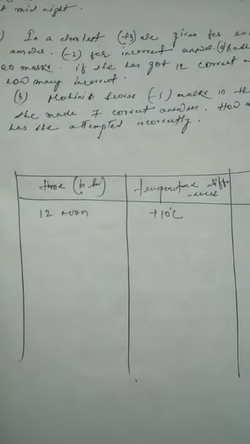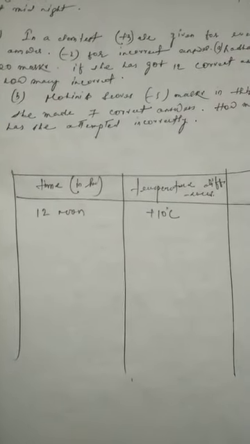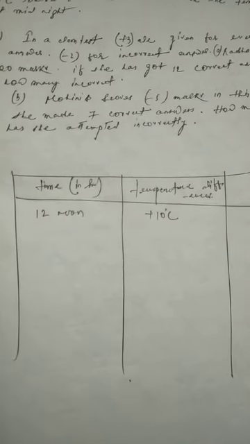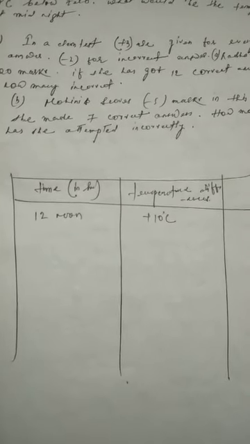As it's told in the question, the temperature at 12 noon was 10 degrees Celsius above 0. This means if the time is 12 noon, the temperature is plus 10 degrees Celsius. From where did I get this data, children? I got this data from the question itself. So the time was 12 noon and the temperature was plus 10 degrees Celsius above 0.